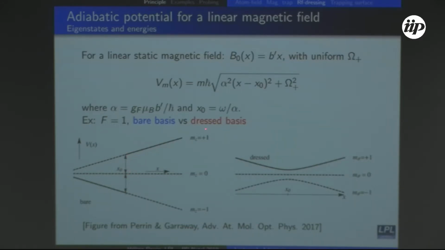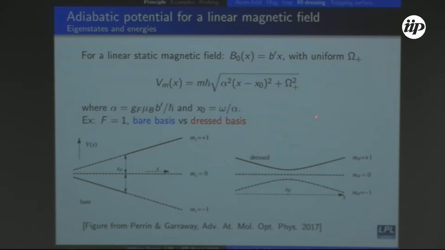And what's happening is that when an atom arrives there, at this point the RF is resonant, so it will perform a transition to this state and continue there, where now it climbs a hill, comes back, and oscillates in this potential. And this is a naive description, and if you diagonalize the Hamiltonian, you find these dressed states where there is one trapped state where the minimum is exactly on resonance.